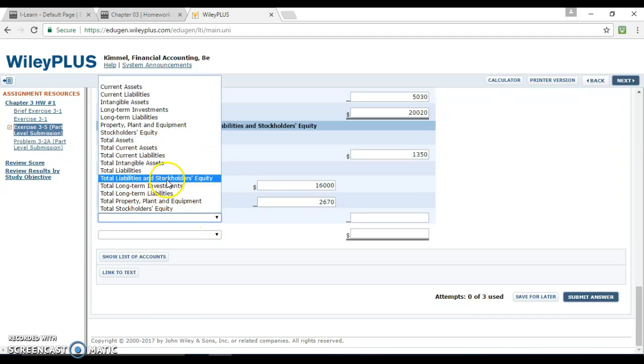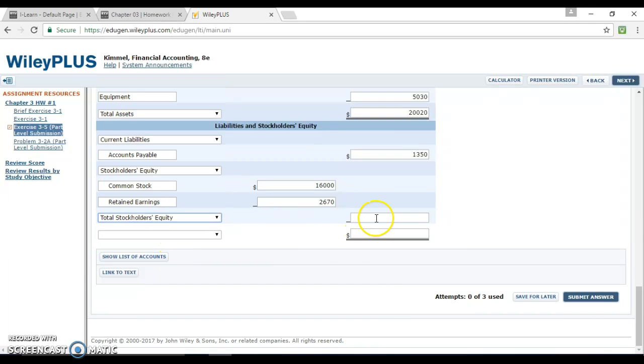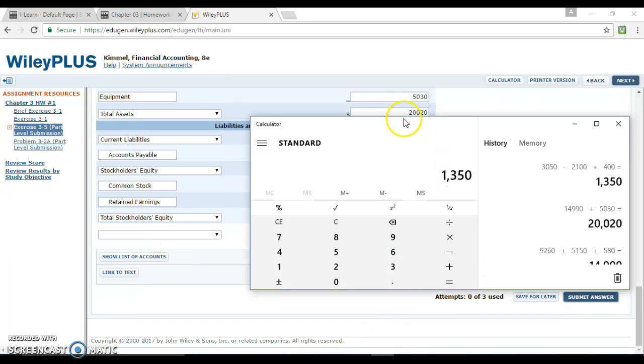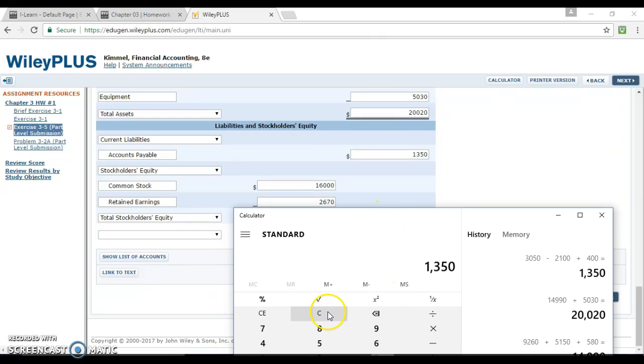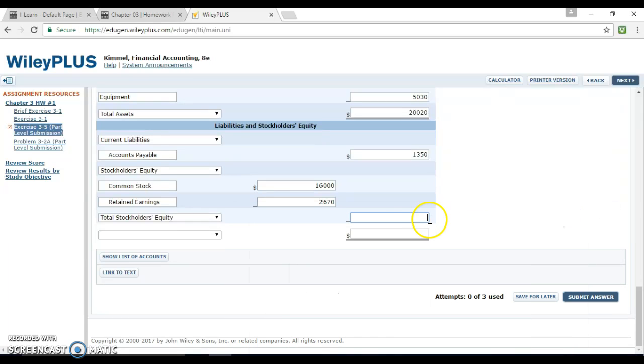So total stockholders' equity right here is the $16,000 plus the $2,670, so $18,670.